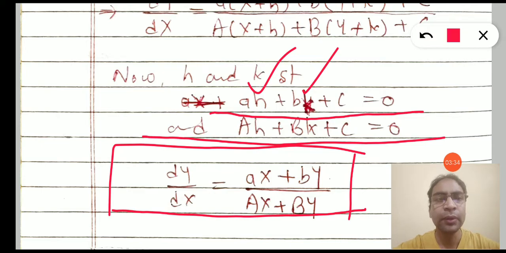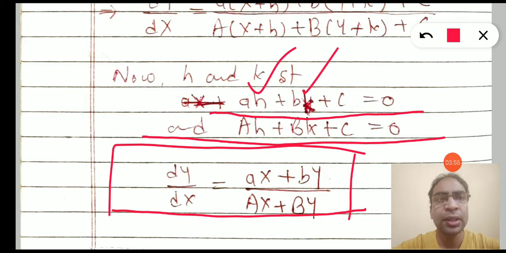So this is the way we can solve the equations which are not actually homogeneous but can be reduced to homogeneous with case 1, where the ratio of the constants of x in numerator and denominator and the constants of y in numerator and denominator are not equal.